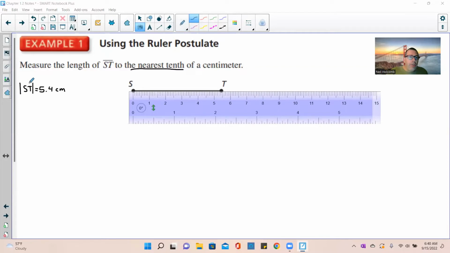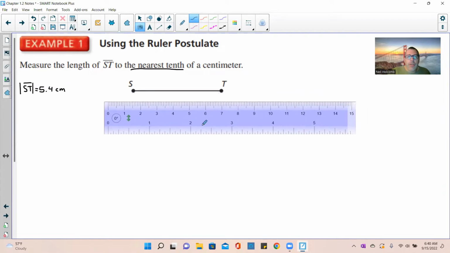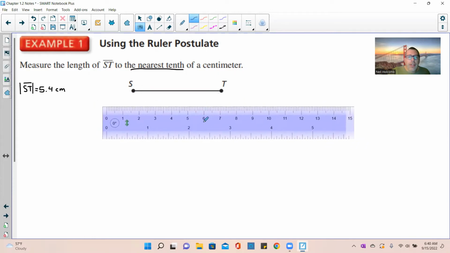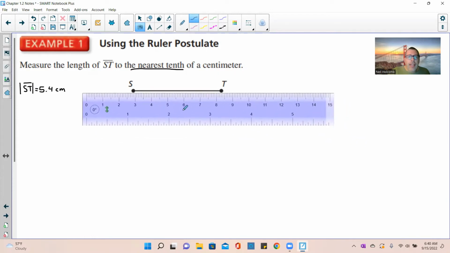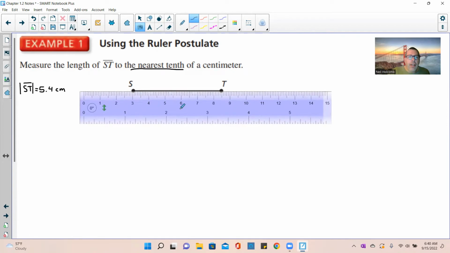The other thing I need to do is put the segment bar over the top. So the length of segment ST equals 5.4 centimeters. Now, the way the book shows it is they take the ruler and line up any whole centimeter mark on one end. I'll do a different one than the book. S is 3.